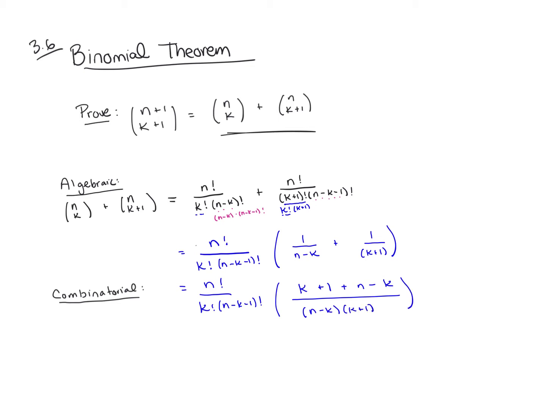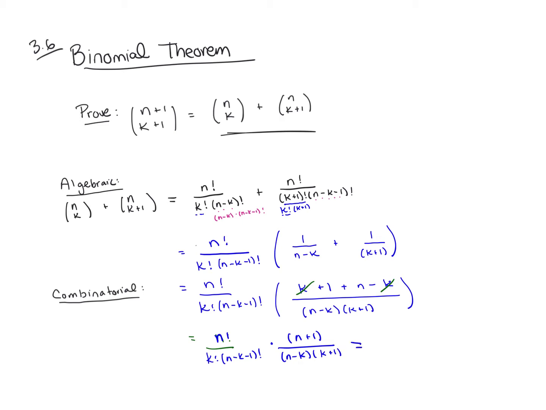So then my k's cancel. So I end up with just an n factorial over, let's keep everything the same color here, k factorial times n minus k minus 1 factorial. And then I have that n plus 1 on the top, and then the n minus k and the k plus 1 on the bottom.